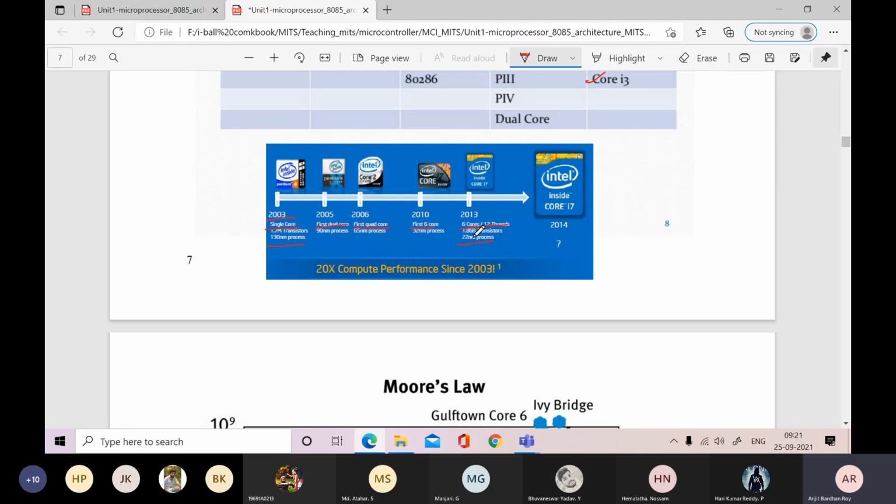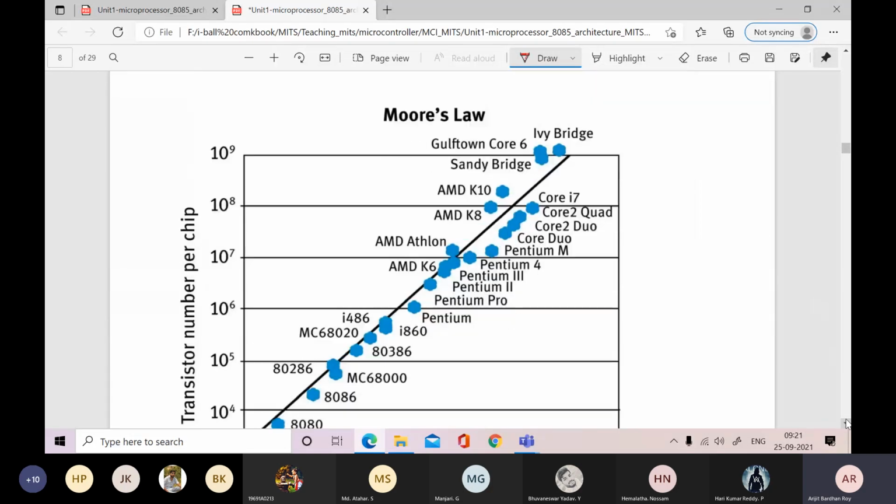So when you are going to develop any microprocessor, when you increase the data bus, when you increase the address bus, when you increase the microprocessor capability, at that time you should increase the electronics inside this microprocessor.